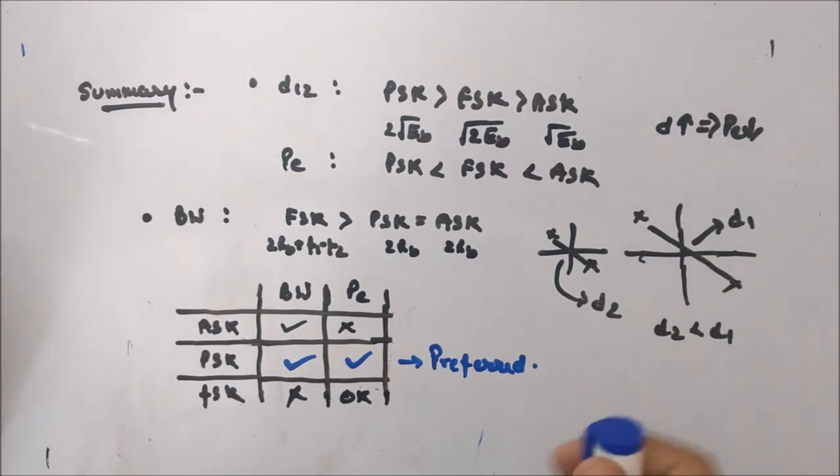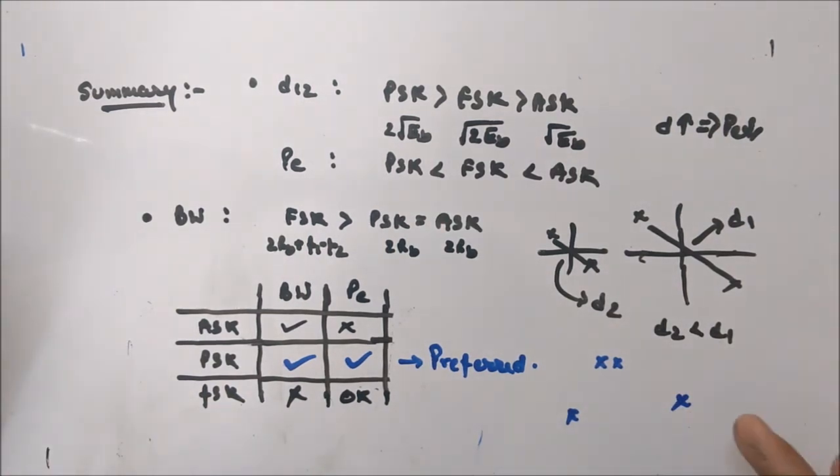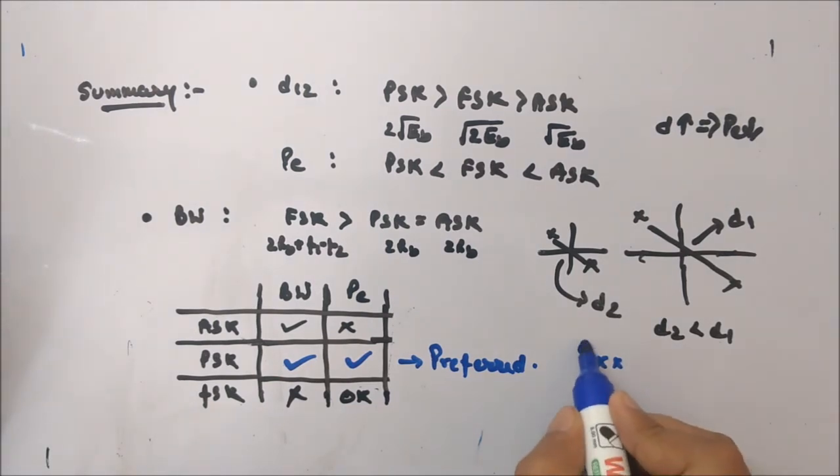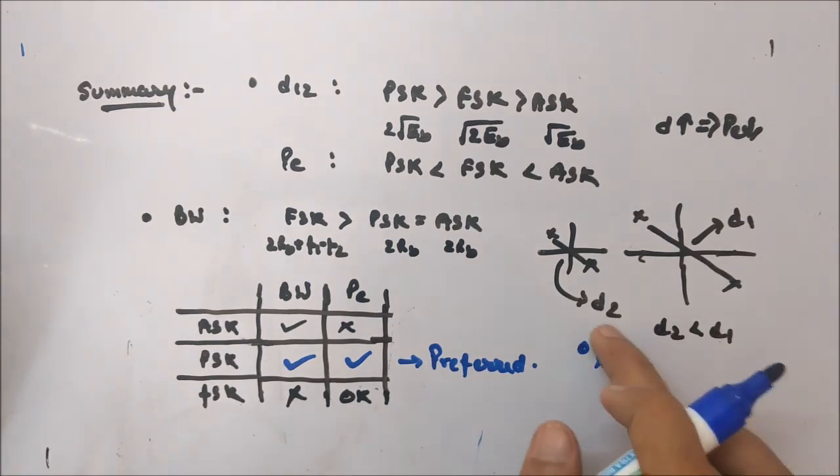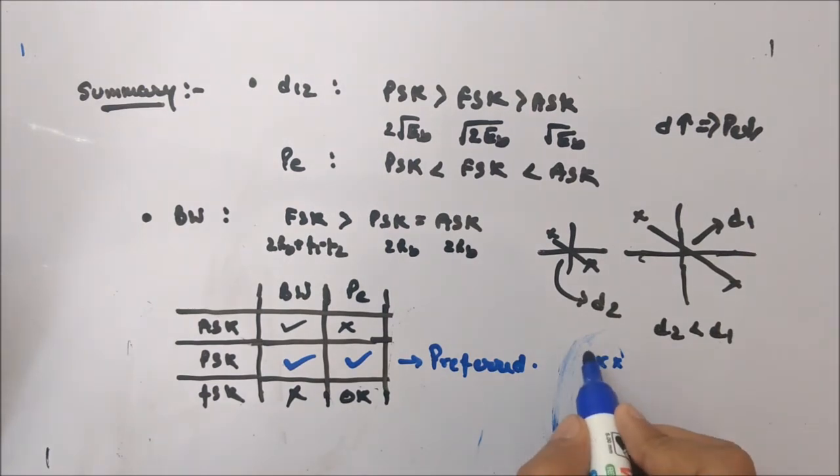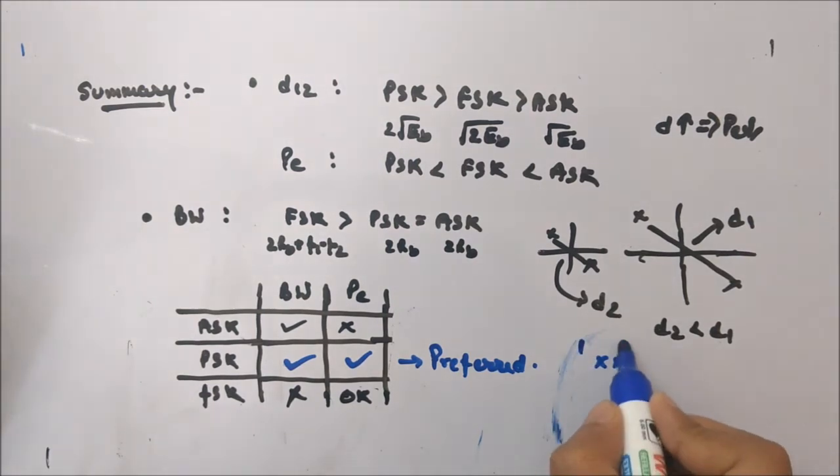So you can imagine that the closer the signal points are, the higher the chances of getting error. If they are separated far enough, there is less chance of error, otherwise the channel will corrupt them in such a way that you won't be able to recognize the actual signal. Maybe this will be 0 and this will be 1, but because of channel error this became 1 and this became 0.